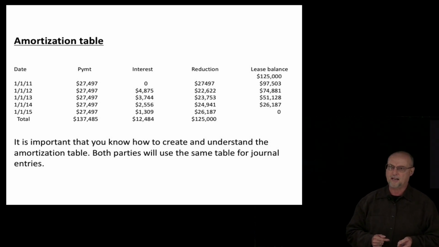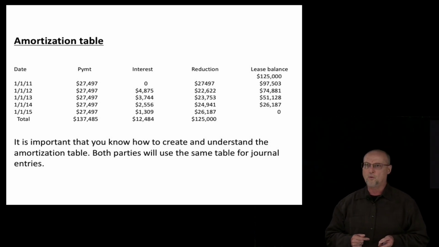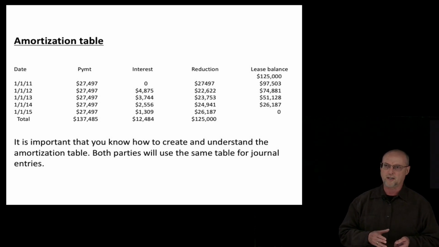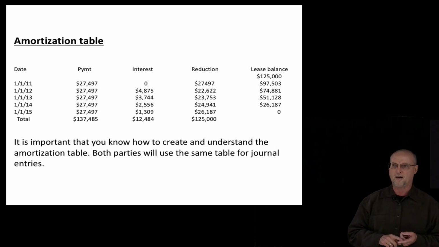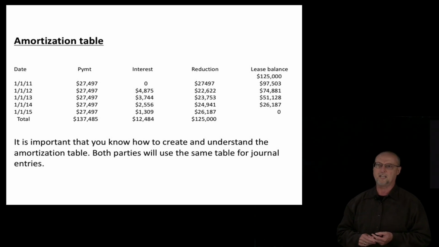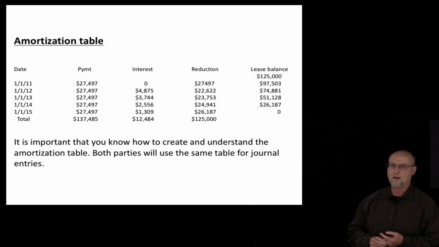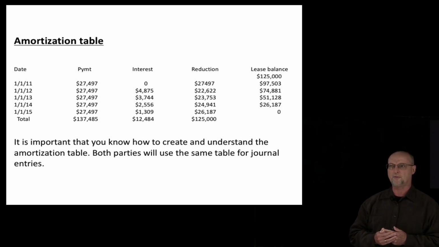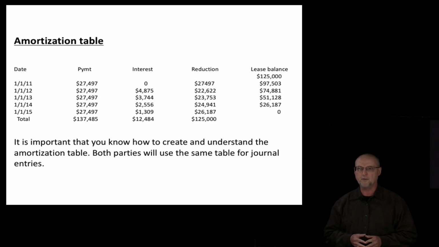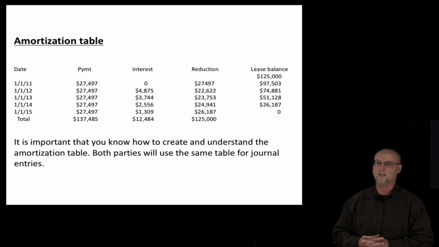And that $27,497 payment will go entirely towards the reduction of the lease liability for the lessee, and it'll reduce the lease receivable for the lessor. And so 125 minus the $27,497 will leave an outstanding balance for the lease liability and lease receivable of $97,503. You should have your calculator in front of you, since you're going to need to run these calculations.